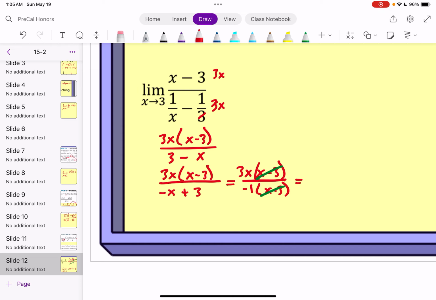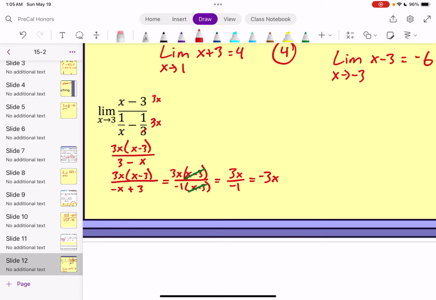We're left with 3x over negative 1, or a negative 3x. We go ahead and plug in 3 for that variable and end up with a negative 9 as a solution. So when we rewrite this problem, it would be the limit of negative 3x as x approaches 3 would give us negative 9.